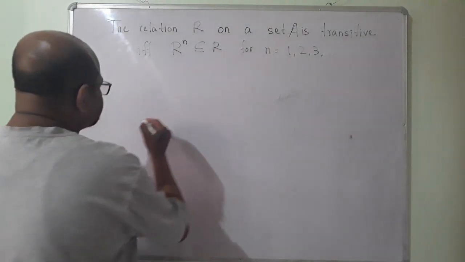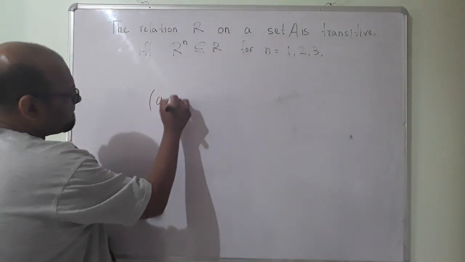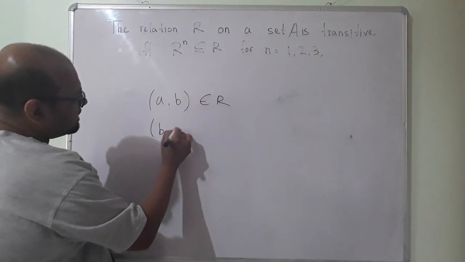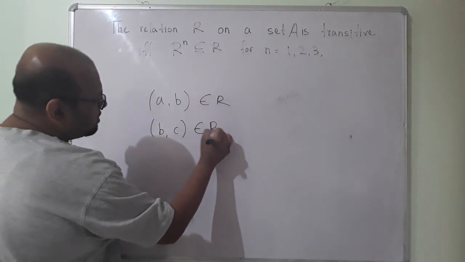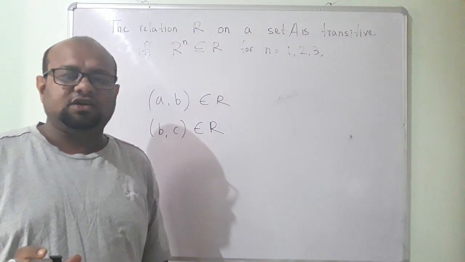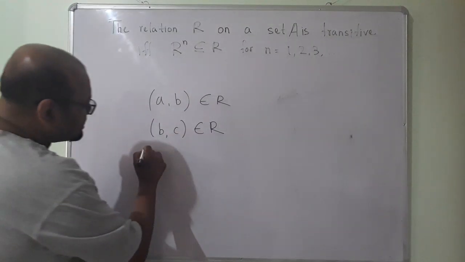Let us say I have AB belongs to R and I have BC, this also belongs to R. I have both of these. Then what does this mean?